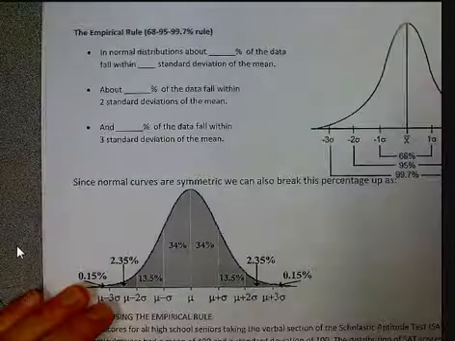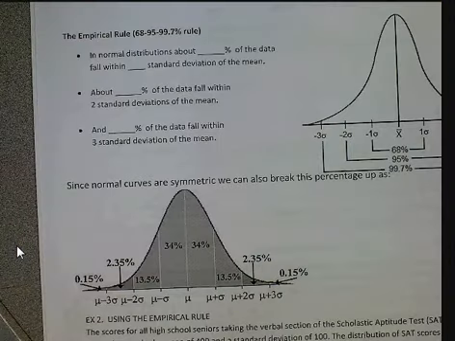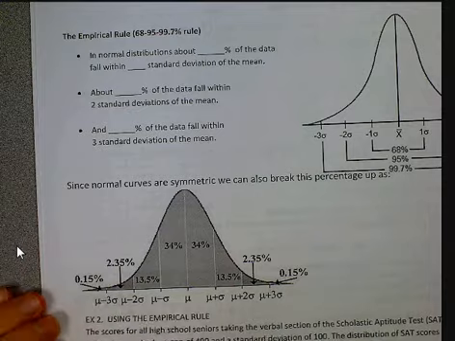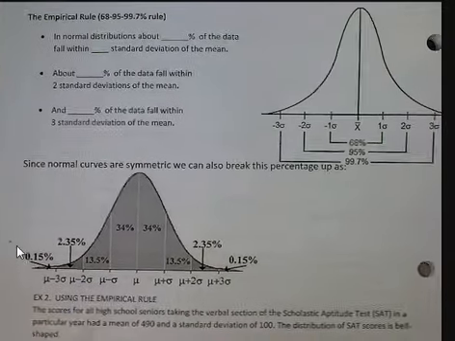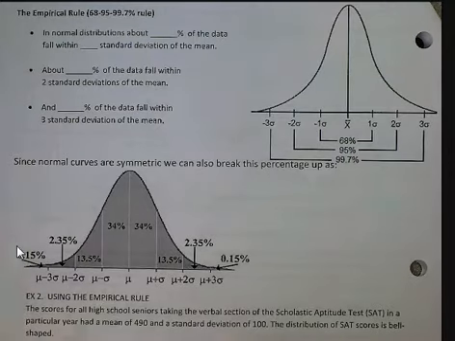Now, what this is leading us to is called the empirical rule. Sometimes it's referred to as the 68, 95, 99.7 rule. And it is a rule of thumb. It's a phenomenon that happens in a normal distribution.